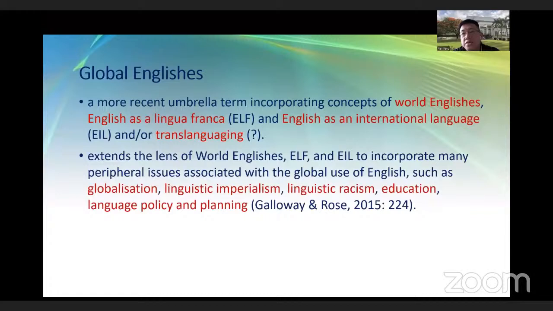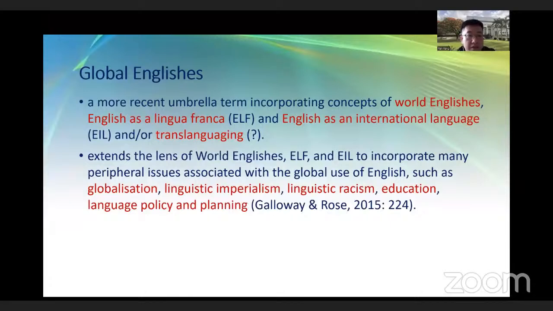translanguaging is also a practical theory of language use, right? So some would argue that translanguaging would stand on its own. So in today's presentation I separate them, but they are both connected with each other. So I think we don't really separate translanguaging from global Englishes, but we also need to recognize that translanguaging should also stand on its own, right?